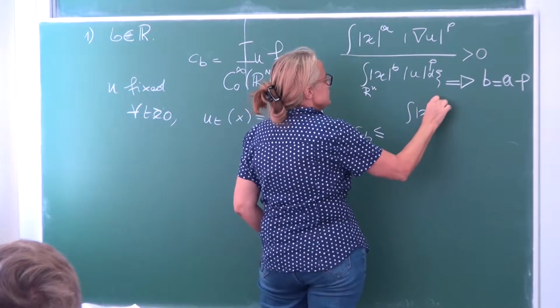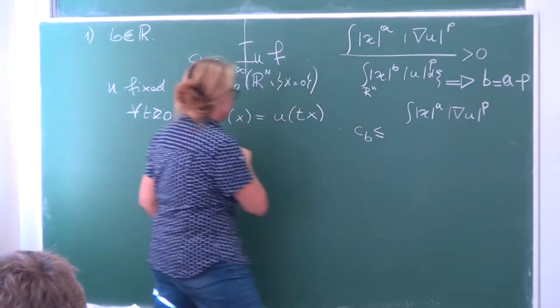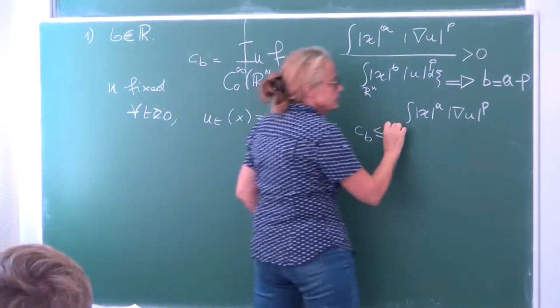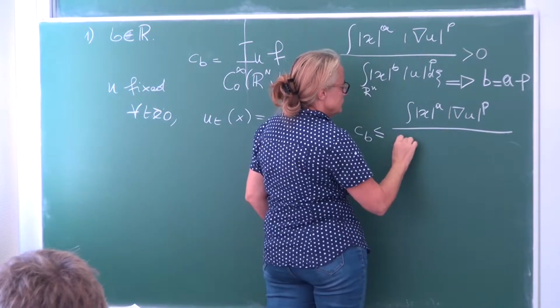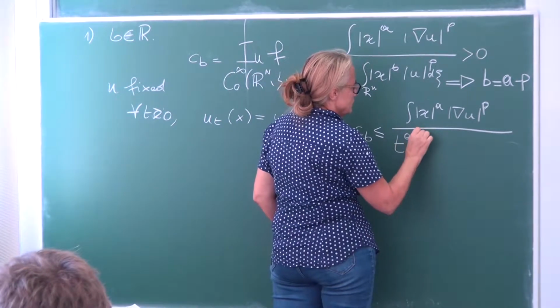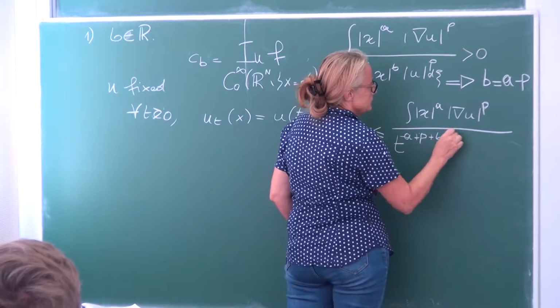Of course it's better to fix a u, you use u_t to estimate from above C_b, and you find here some power of t, t to the a minus p, p minus a plus b, perhaps.